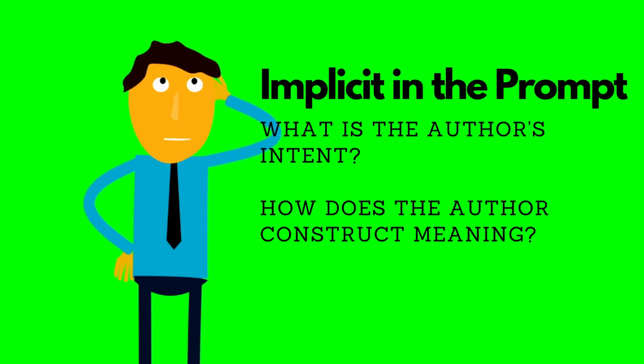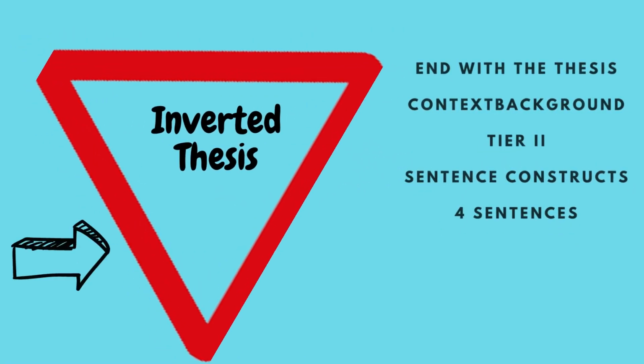As long as students are correctly answering both of these questions, they are undoubtedly going to get the thesis point. And when we invert, what I have them do is take 3 sentences to answer what the author's intent is, and 1 sentence for how the author constructs meaning.